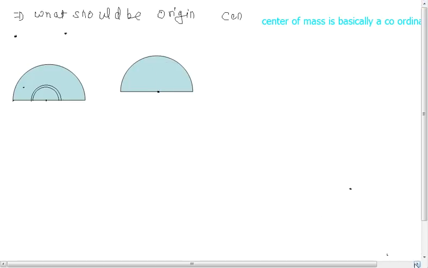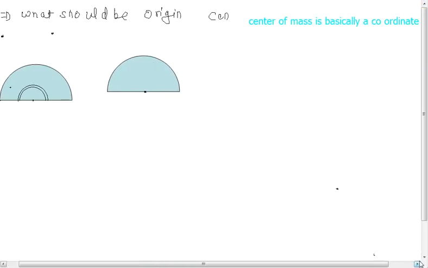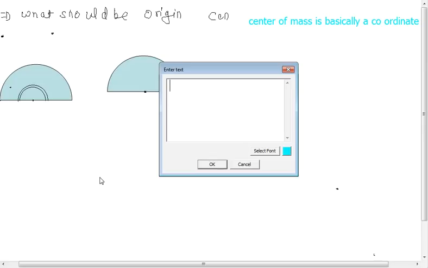Do you get it? What is the center of mass? Center of mass is basically the coordinate of a point.